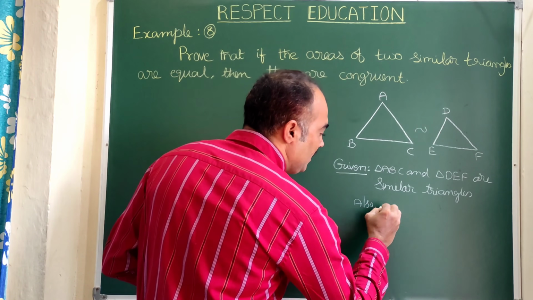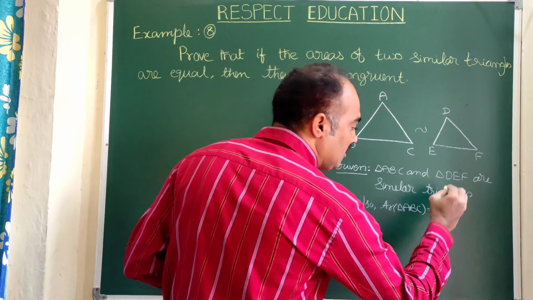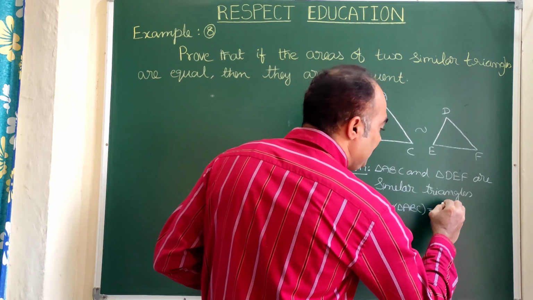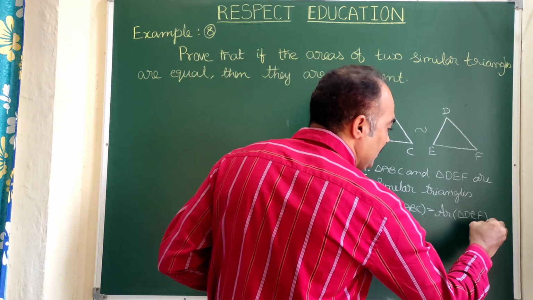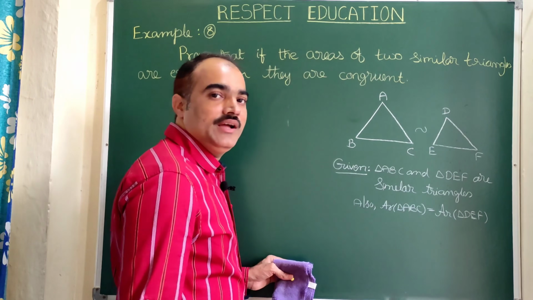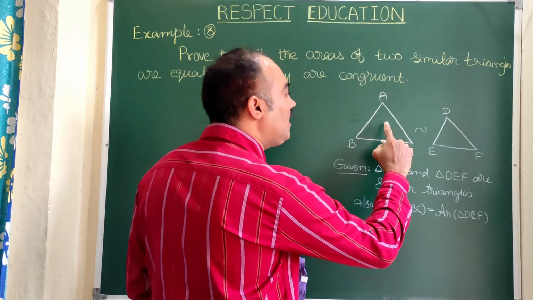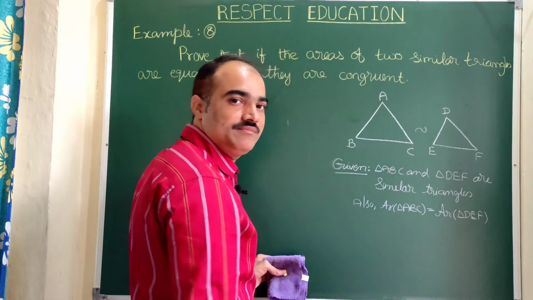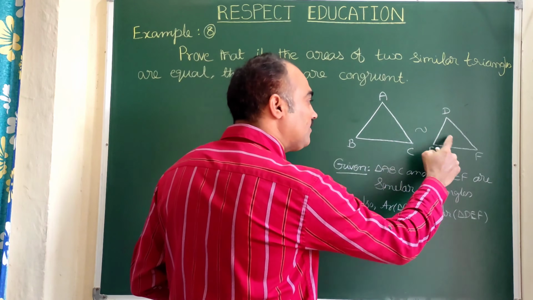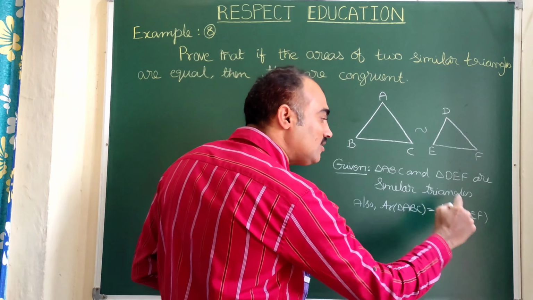Also area of triangle ABC is equal to area of triangle DEF. Here you observe, when their areas are equal, then we should not draw the figures one bigger, one smaller. When their areas are equal, this is what when they are similar.